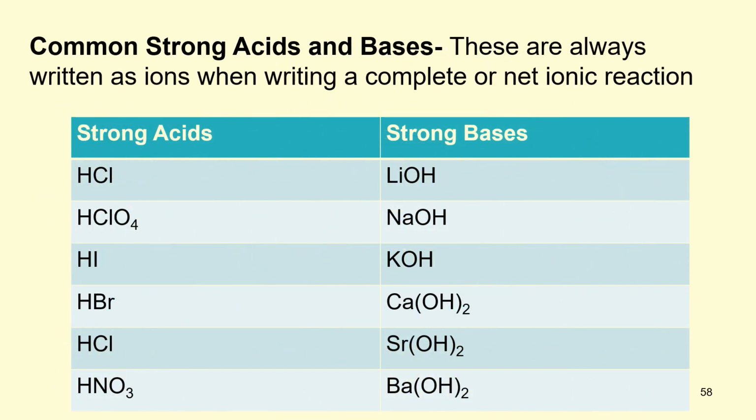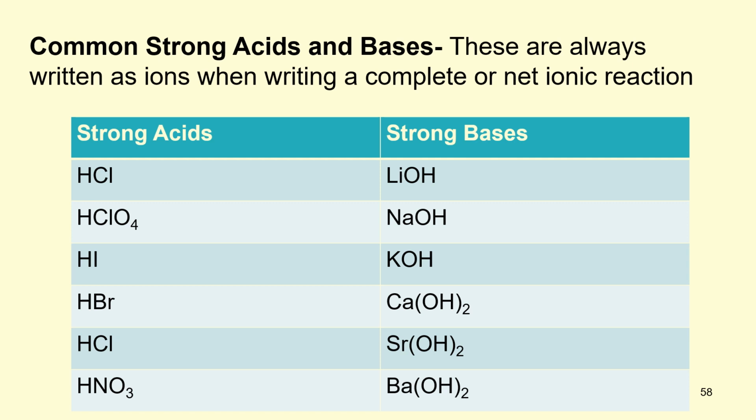So again, remember that there are the 6 strong acids, and if you have these 6 strong acids that are below, you always write them as ions in an ionic equation. Same thing with the 6 strong bases below, you always write them as ions in the ionic equations.